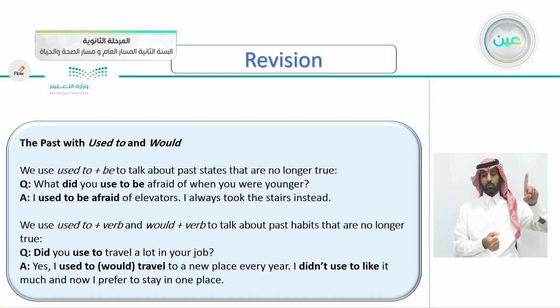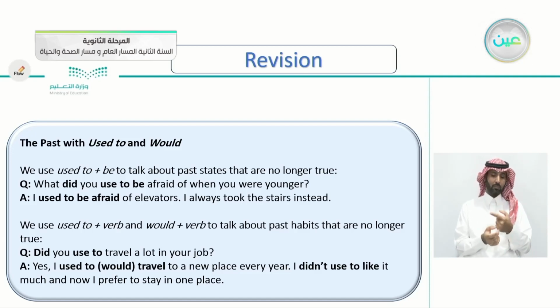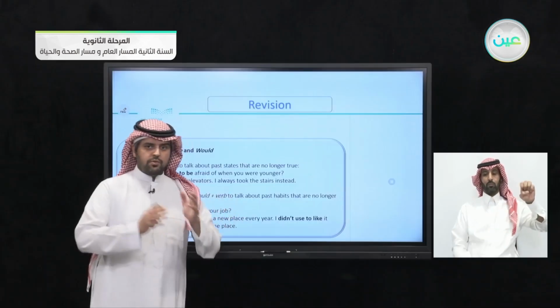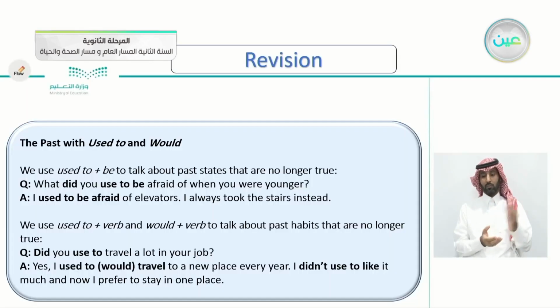Then we took the past with used to and would. Used to and be talk about past states. You say, I used to be afraid of the dark. This is a past state. And we use used to plus the verb, or would plus the verb, to talk about past habits. For example, you say, I used to play football every weekend, which means that now I don't.